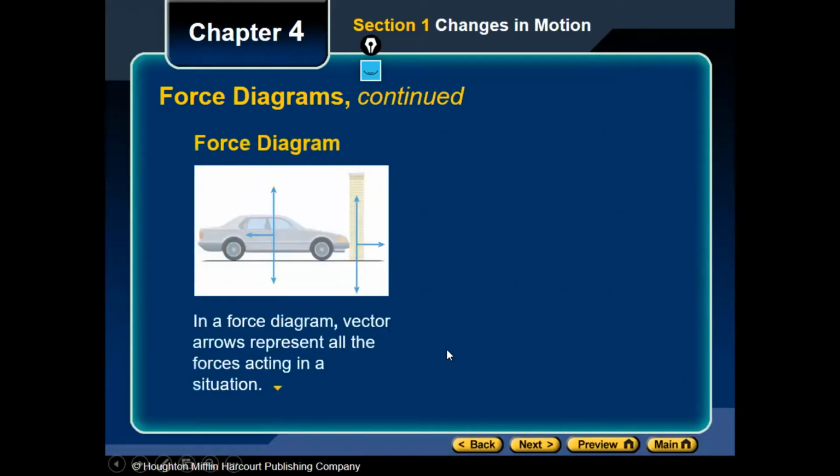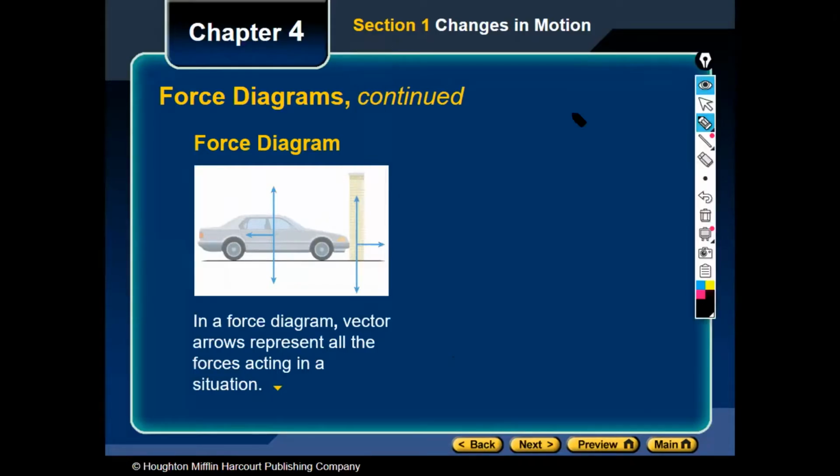Now this is the force diagram, guys. We have a car, and this car will exert a force on the wall. That is the force coming from the car, and this wall has weight. The weight of this wall will be directed down like that, and we have something called the normal force.